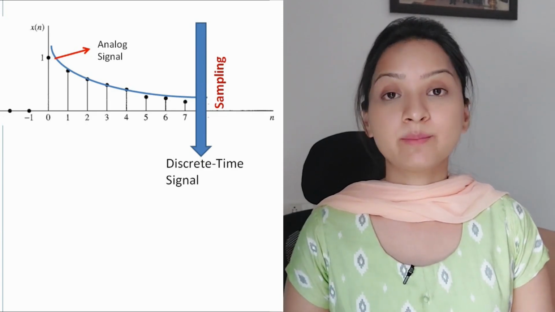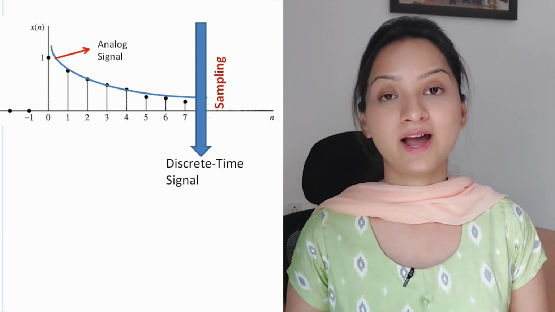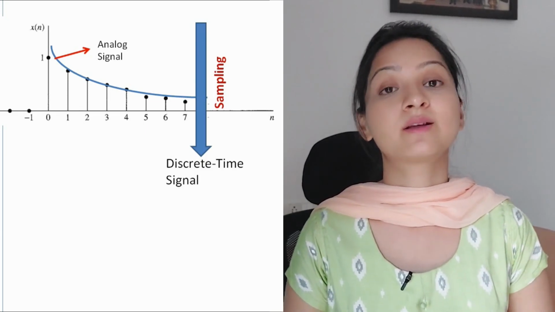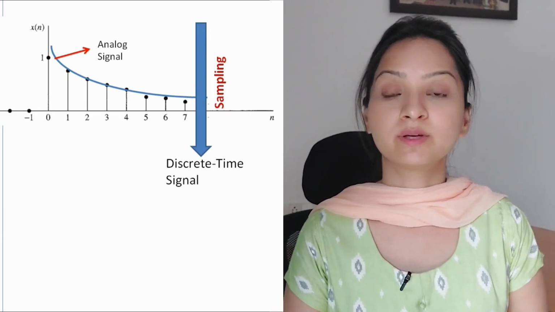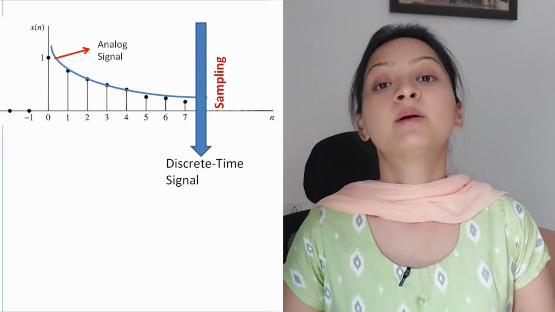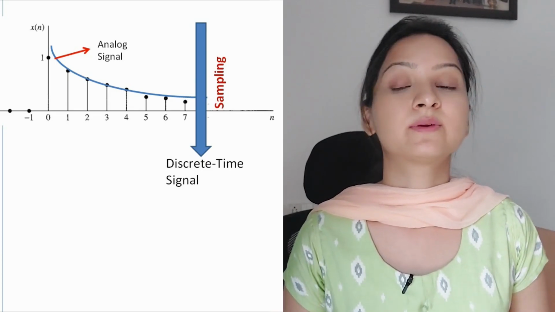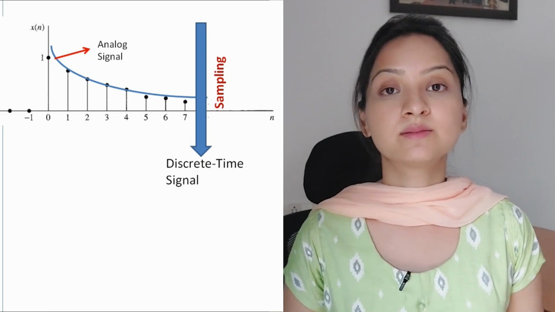Note that after sampling, the signal is not yet in a position to be called a digital signal. It is only a discrete time signal because it has been obtained by sampling the analog signal at discrete time instants. Is this point clear?